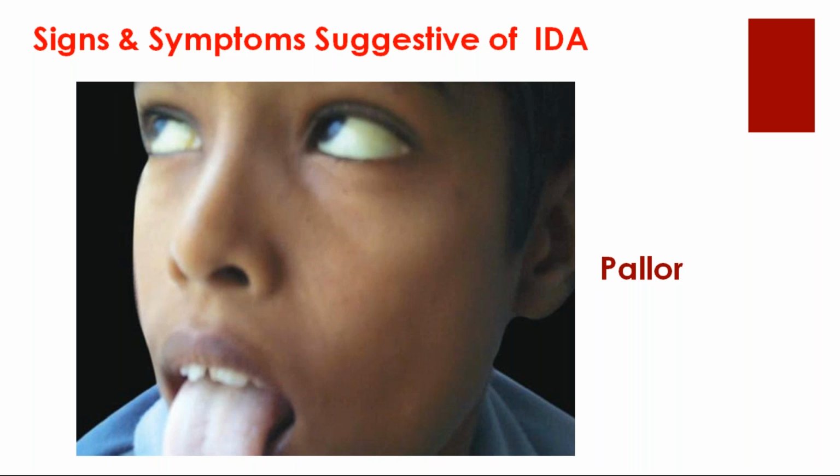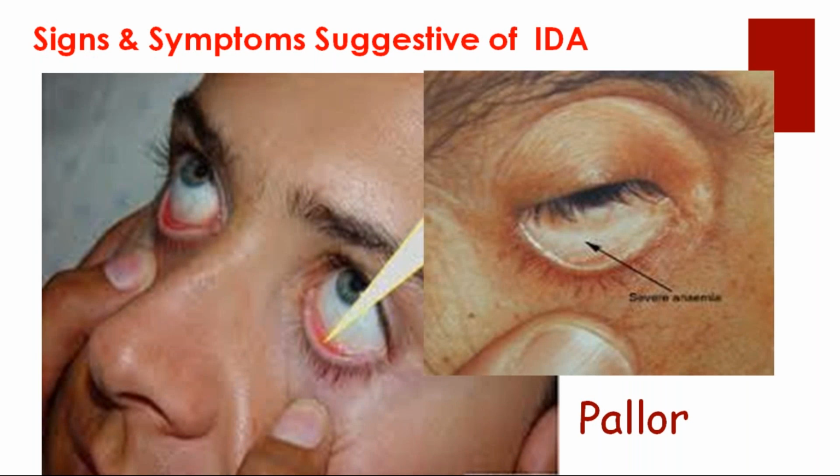You can look at the tongue, very pale. And the common sites: you look at the palpebral conjunctiva. Remember, in the examination they ask about the palpebral conjunctiva, the palmar creases and the tongue. These are the conjunctiva, tongue, and palmar creases. Three places.